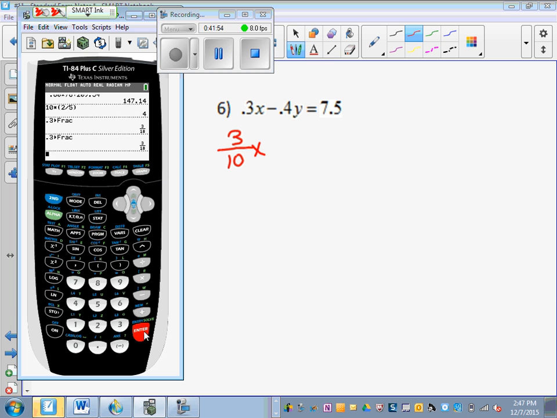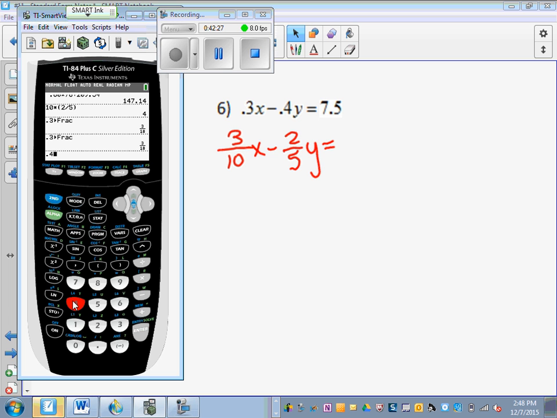What's the next one? It's negative 0.4. Negative 2 fifths? Yeah, that's what I did. Good. Because there's the minus right there, I just brought that down. Negative 2 fifths. Okay. And what's 7.5?